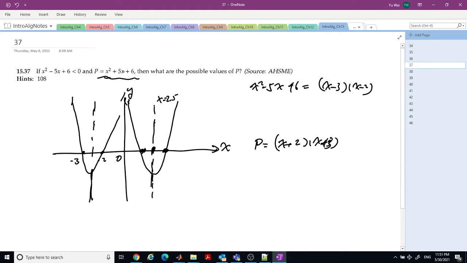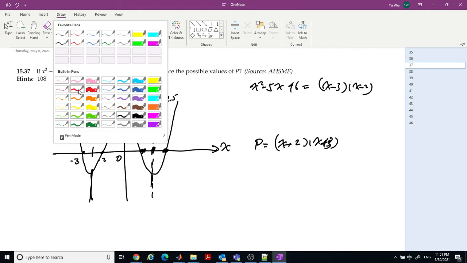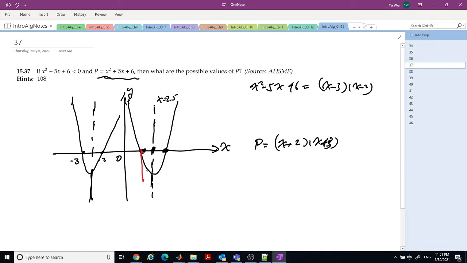But we know our x range, because we need to satisfy this, should be between here and here, exclusive, because we need less than 0. So that's this section. So you can see our range of p is small.